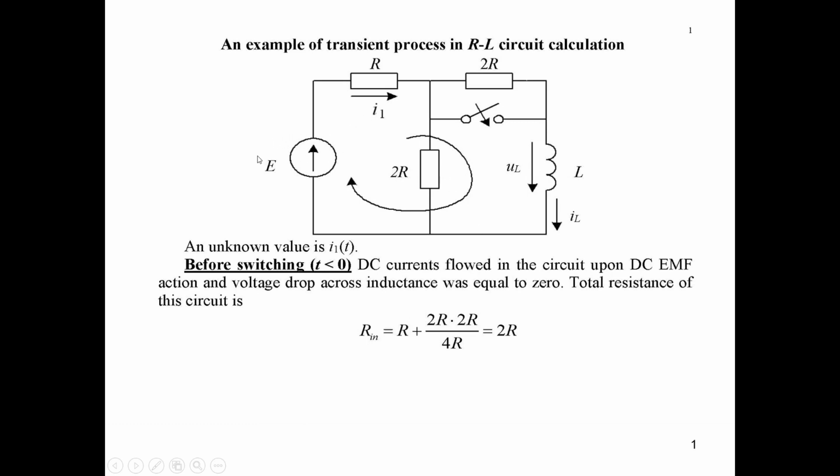So we will have this E, which should be replaced by a short-circuited part when we determine R equivalent, because R equivalent is determined for the passive equivalent of the considered active circuit.